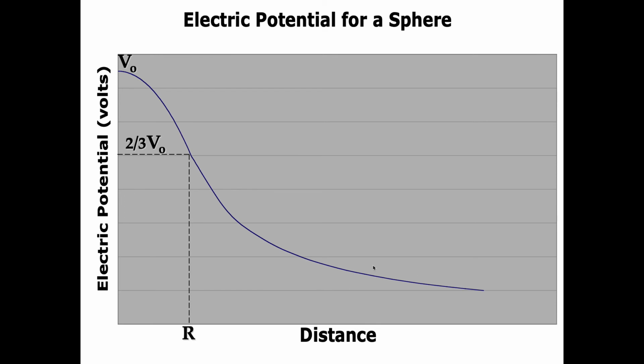So we can define the value of the electric potential at r equals 0 to be V naught. You can call it whatever you want, right? And then at the surface, at the value of r, it's 2/3 that value. And then outside the sphere, it decreases. It's 1 over r.